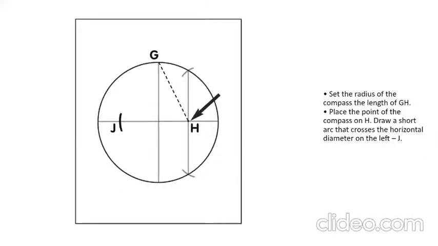So we're going to very carefully open our compass to get that exact same size. Then we're going to put our sharp point at H and draw an arc along the AB line at J.